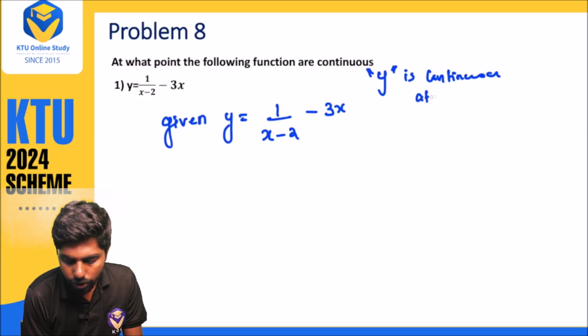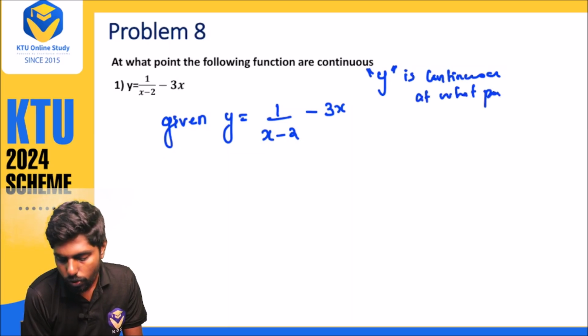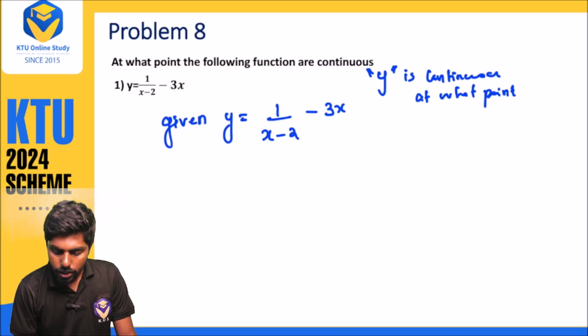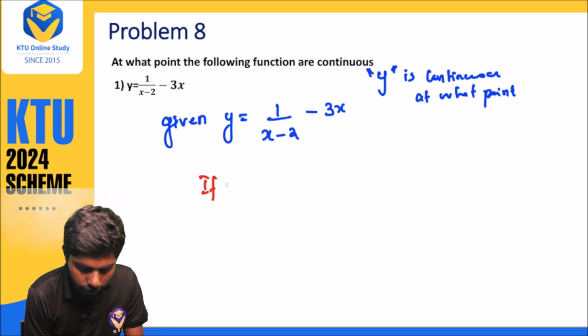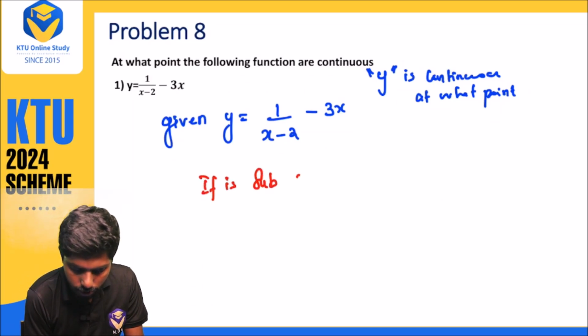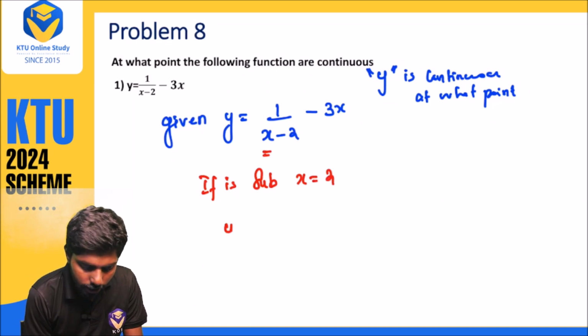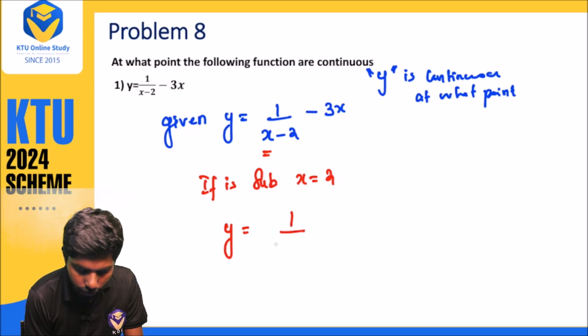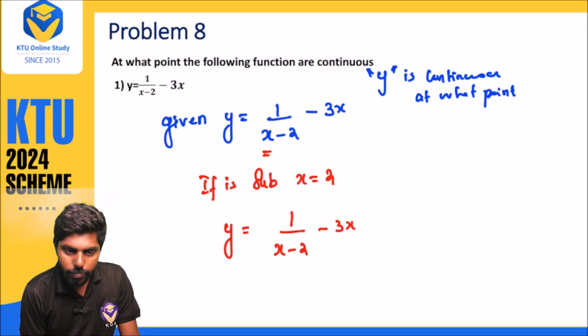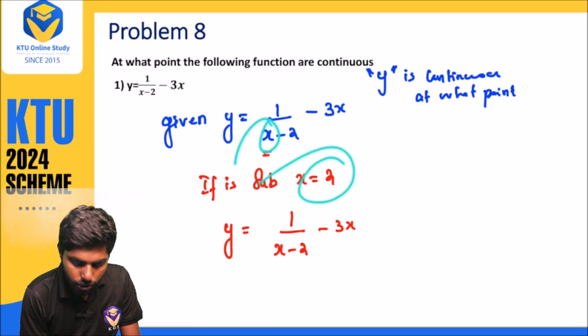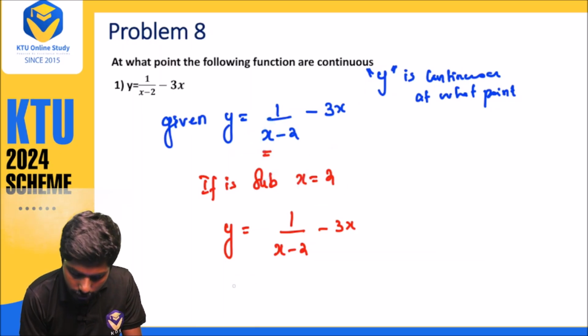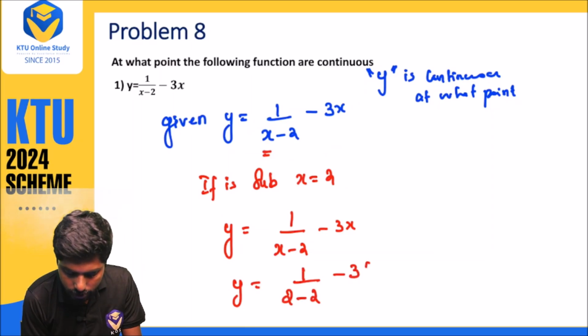You see, if I substitute x is equal to 2, what will happen? y is equal to 1 divided by 2 minus 2, minus 3 into 2.